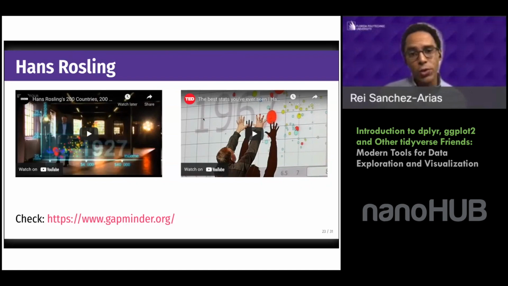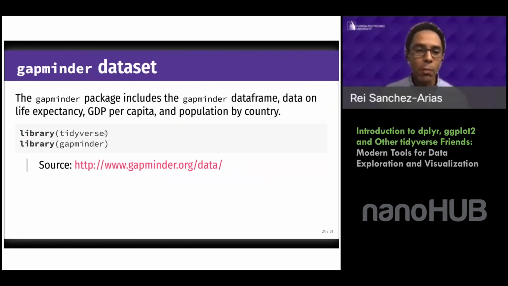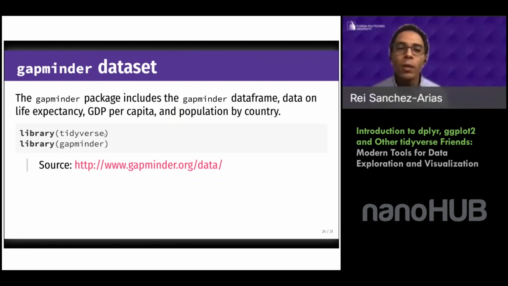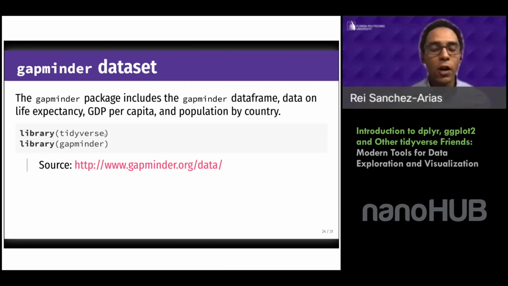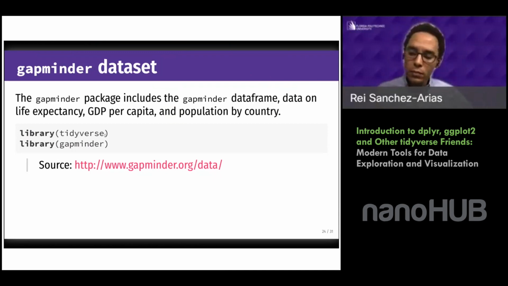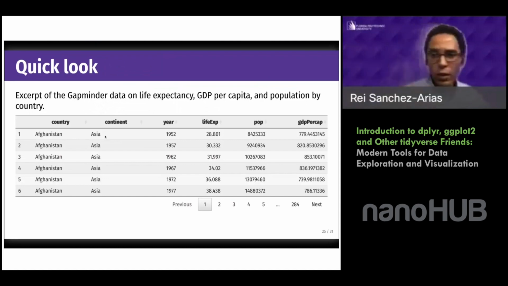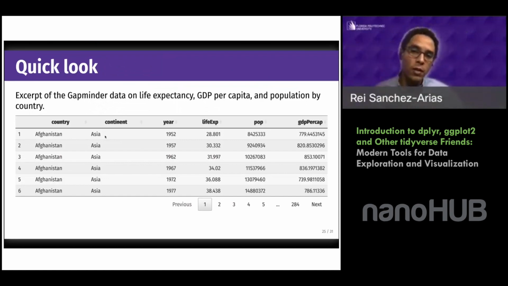And the data that was used for those presentations is available in a package called gapminder. You can also go to gapminder.org and find data, and it has many economic indicators for different countries in different continents. So here's a little show of the data. It goes for many years, for many countries, showing the life expectancy, the GDP per capita, the population of that country, and others.